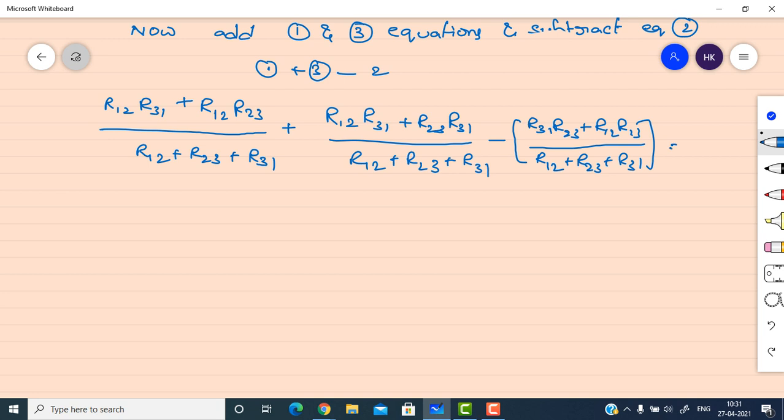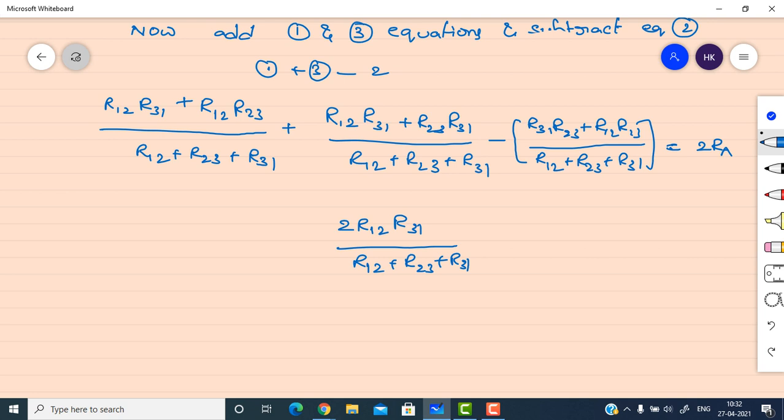It is equal to, on the right hand side, what I already did, 2RA. You can check it later. Add all the RHS equations, 1 plus 3 minus 2, and you will get 2RA. Taking the LCM for all these and adding the three, you will get 2R12 R31 by R12 plus R23 plus R31.